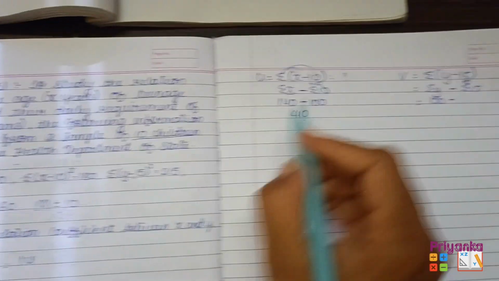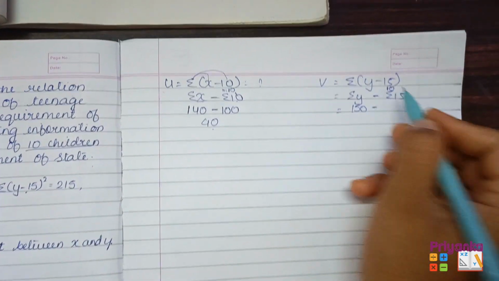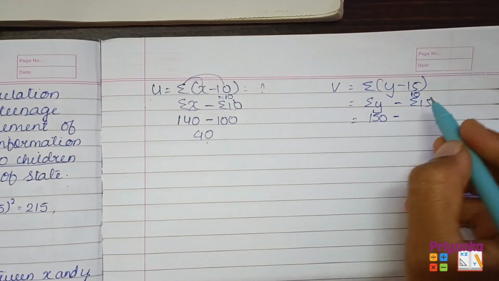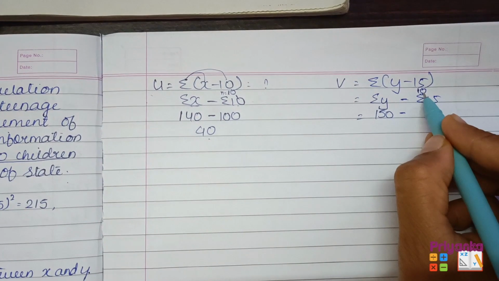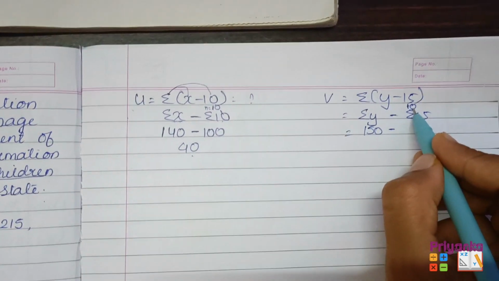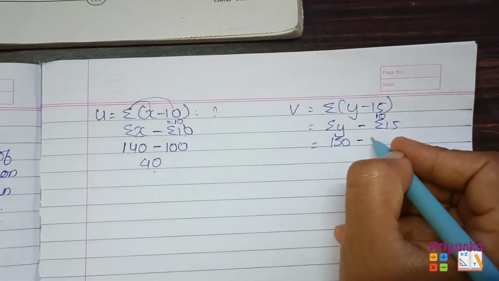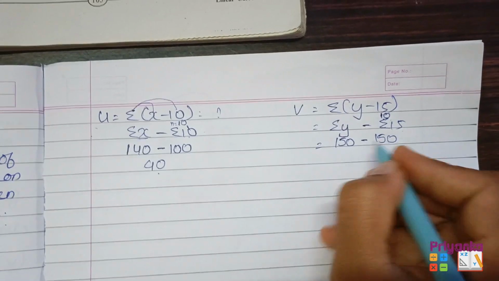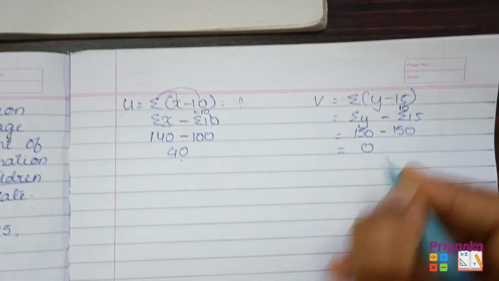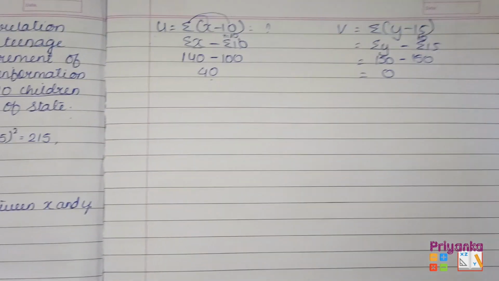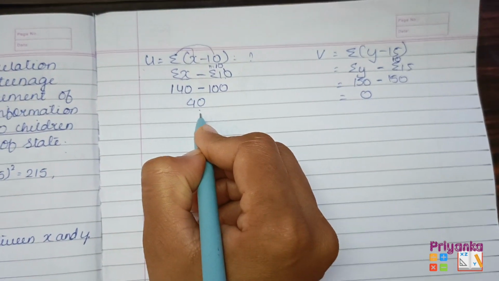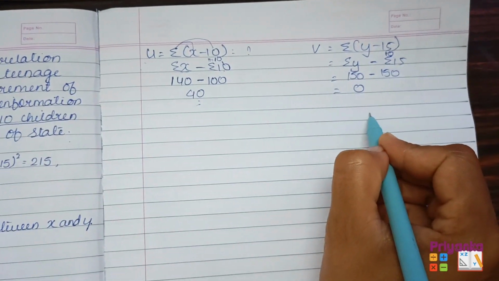This question takes 10, so I kept 10. Otherwise, whatever number has been given in the question, that number has to be written at the top of the sigma. So 15 tens are 150. If 150 minus 150, the value is 0. So here we get the value of u as 40 and the value of v as 0.